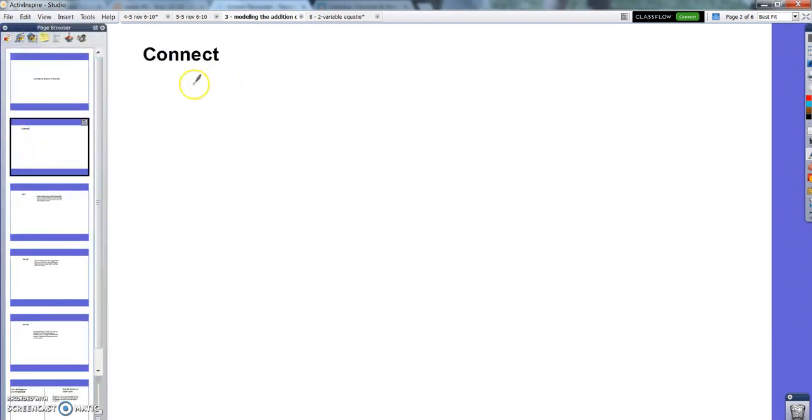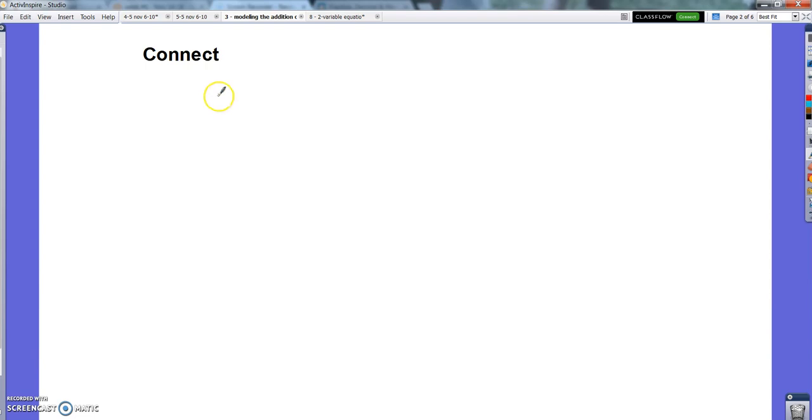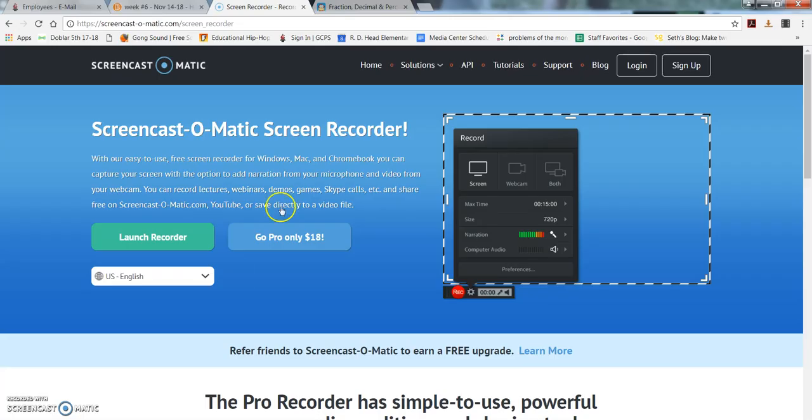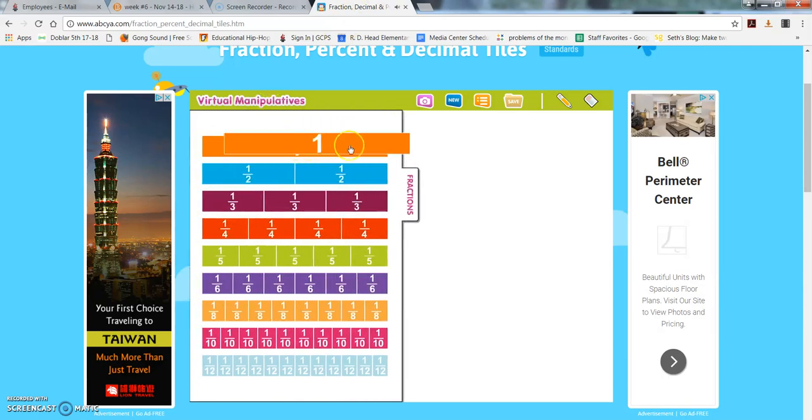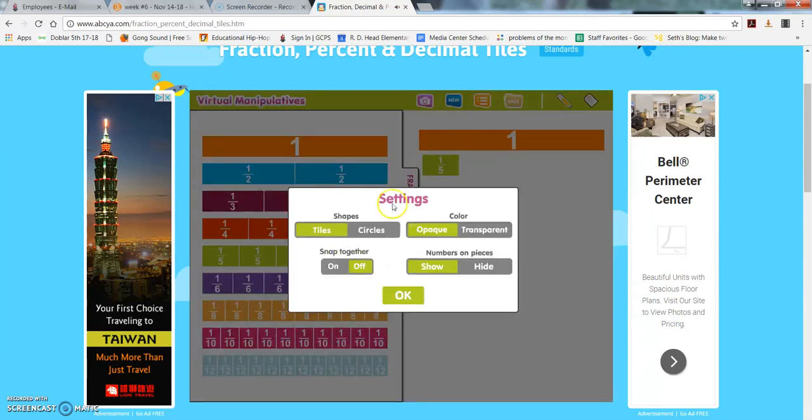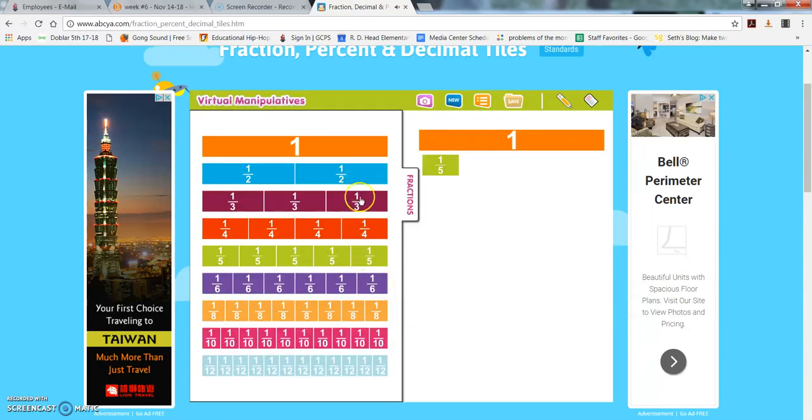So last time, we were dealing a little bit with decomposing and adding fractions. We took a fraction like, say, 4/5 and used our fraction bars to decompose that fraction into different parts.